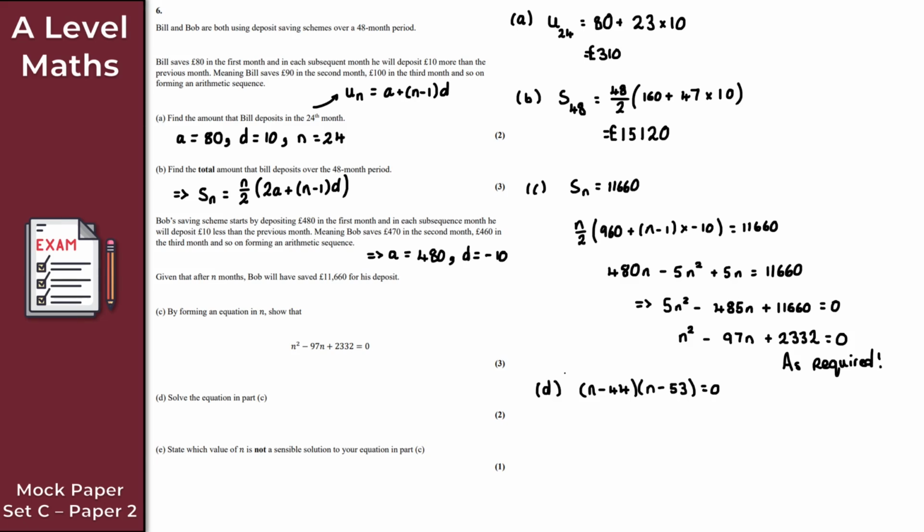So in that case, then we get two solutions for n here. So we get n is equal to 44, and we also get that n is equal to 53. Okay, so nice and straightforward then. That is simply the solution to part D.